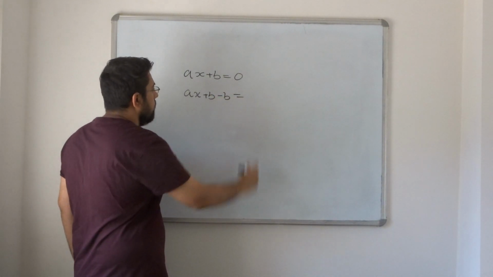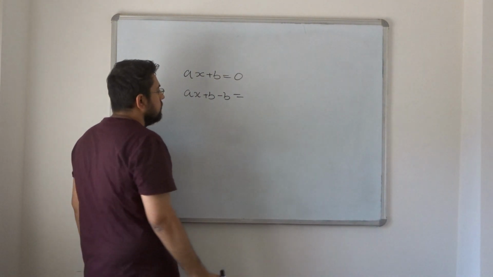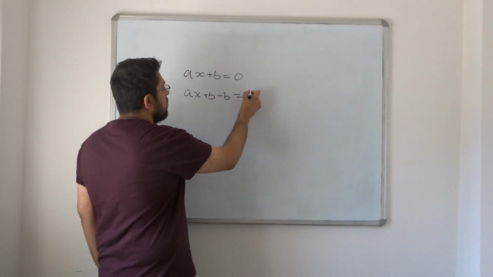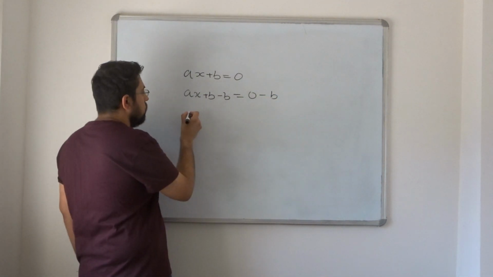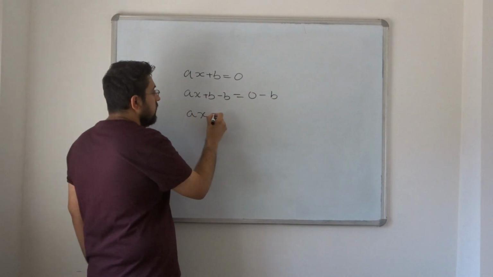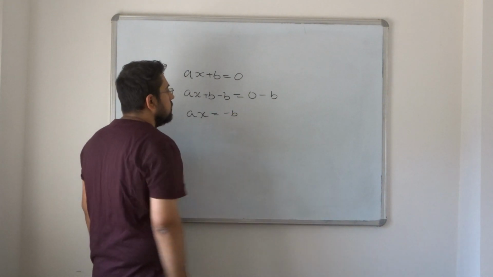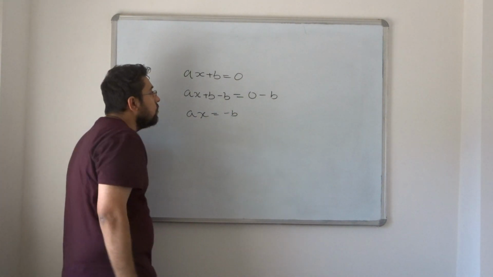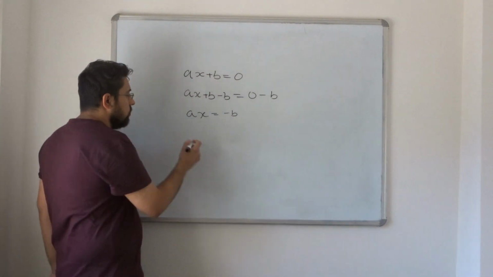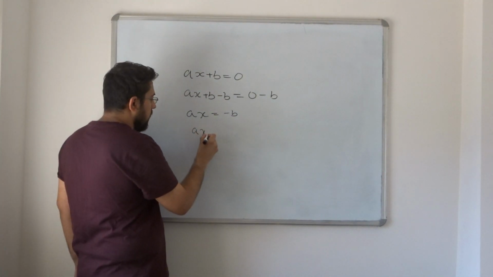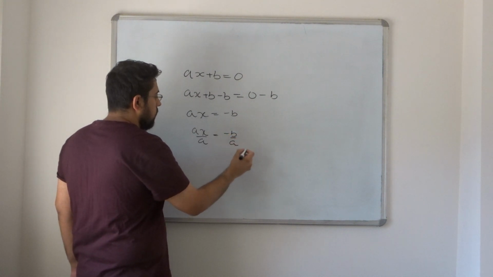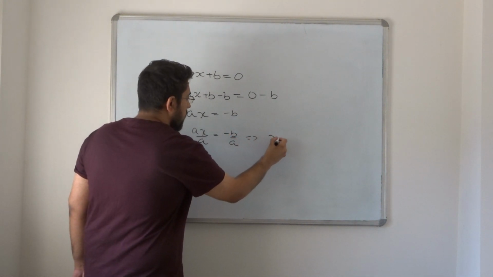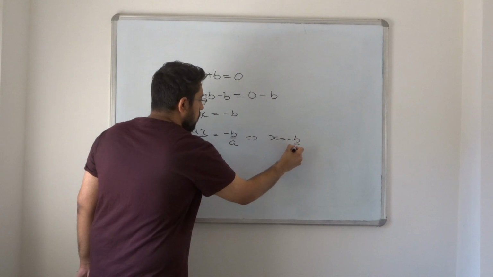Okay, and then you get 0 on the left, and minus b on the right, so you have ax equals minus b. Now you divide both sides by a, so you get negative b upon a, and the answer is x equals negative b upon a.